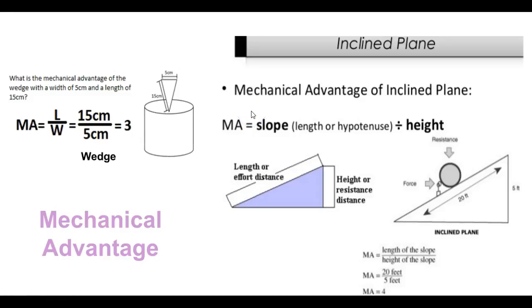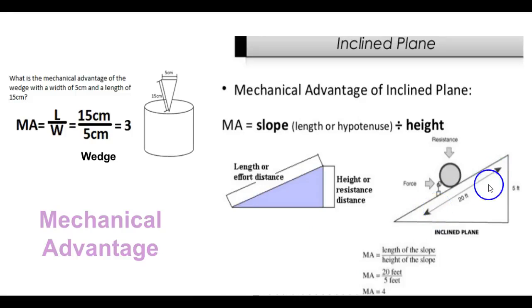Then over here, we're going to look for the mechanical advantage of our inclined plane. And if we look over here, we're going to also see MA equals slope length, or the hypotenuse, divided by height. So we're going to do the same thing over here. We're just going to plug everything in. And we see our length of the slope is 20 feet.